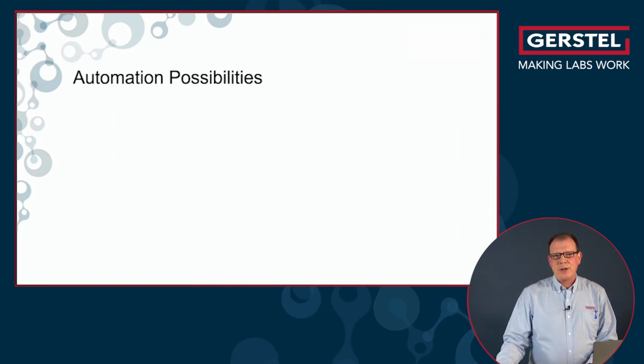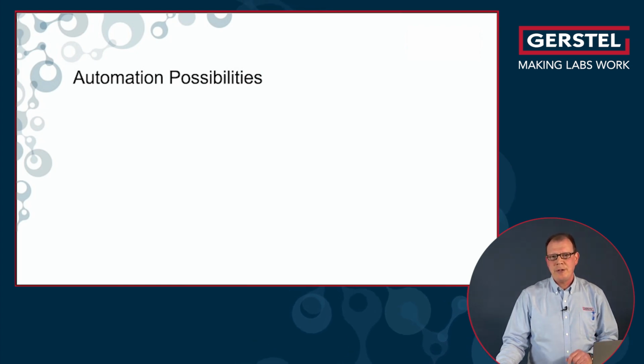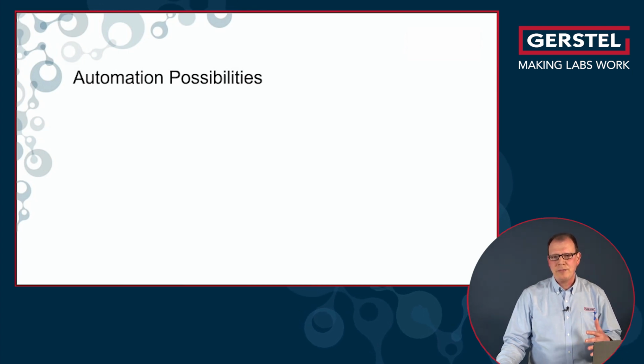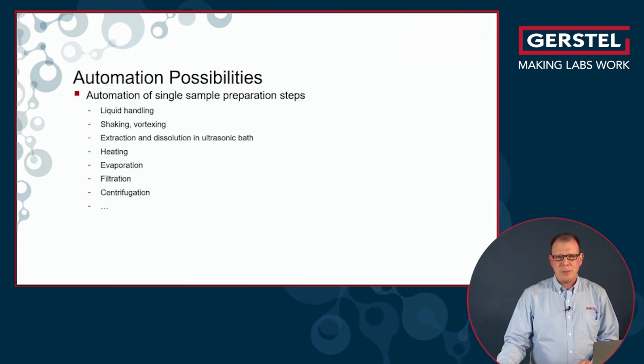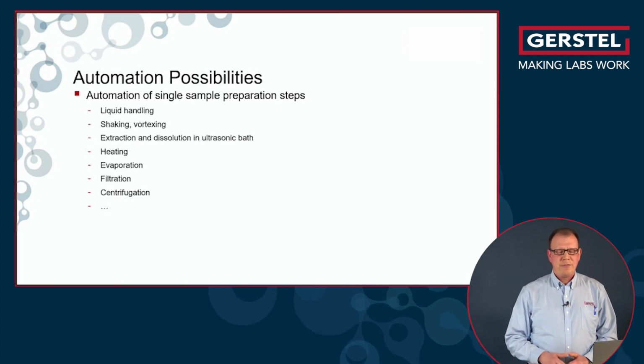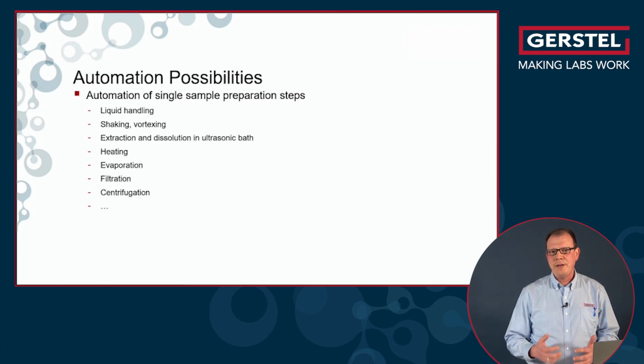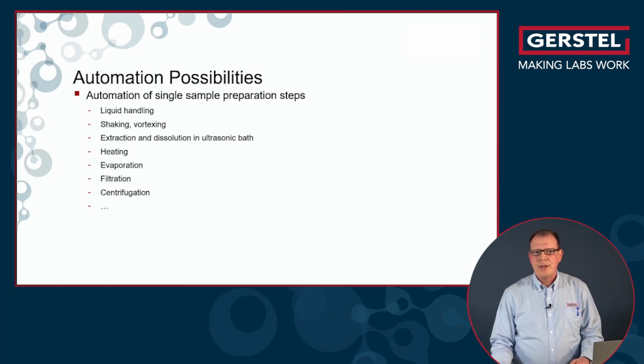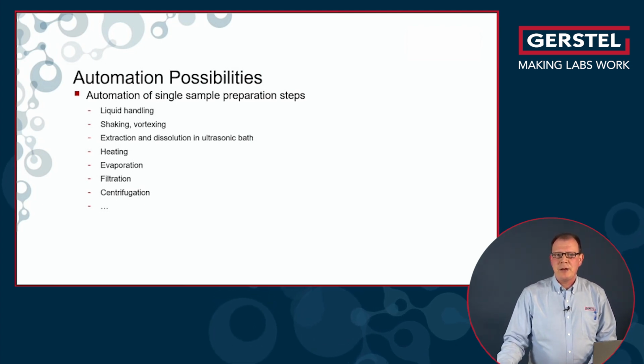Now let me focus a little bit on some possibilities of automation. Which steps can we automate? Of course there are single steps we can automate. For example, liquid handling, then shaking, vortexing and heating at the same time, maybe also ultrasonication, filtration, centrifugation, and a lot of things. Mainly everything you do manually in the lab can nowadays be automated with our platform.